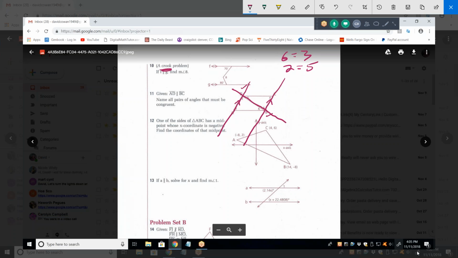so I assume they don't want us to include those. So let's look now at that is also a transversal. Well, unfortunately, let me get rid of all my numbers here. Presuming that they only want us to talk about the numbered angles, well, if I have that and that transversal, the only angle they're talking about is 4.